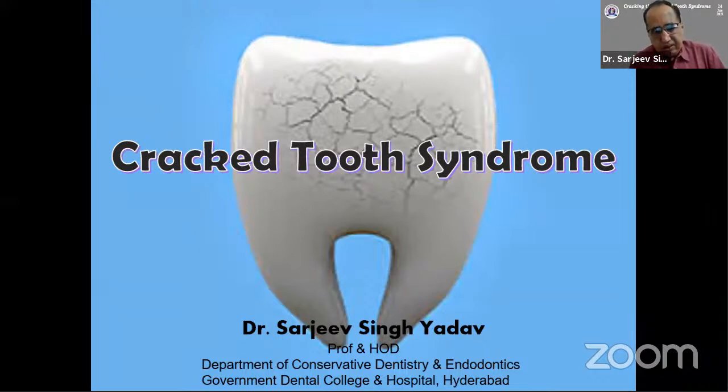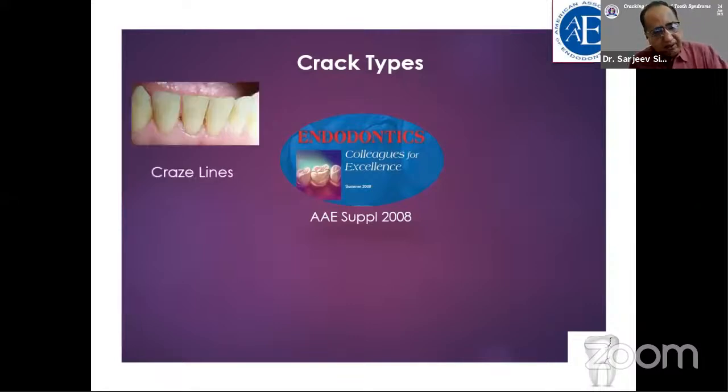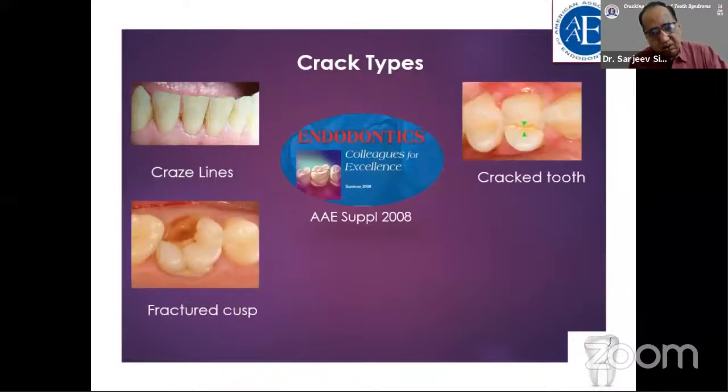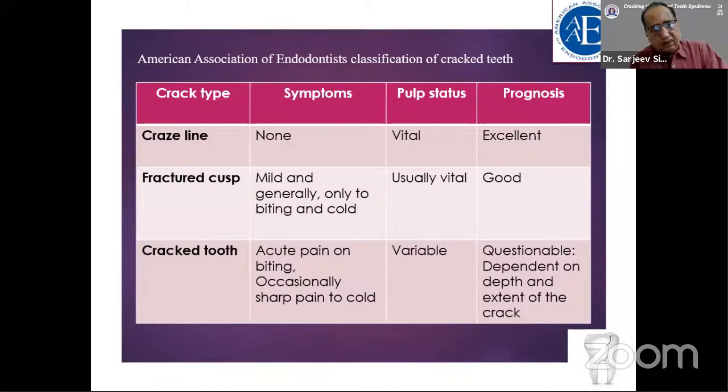Basically, we have to understand that the American Association of Endodontists, in the 2008 supplement, very clearly defined the various types, classified as craze lines, fractured cusp, cracked tooth, split tooth, and vertical root fractures.